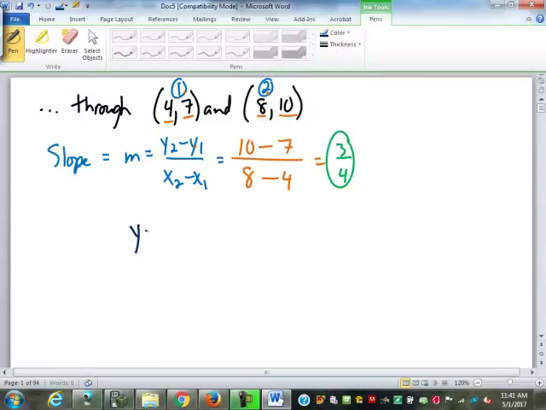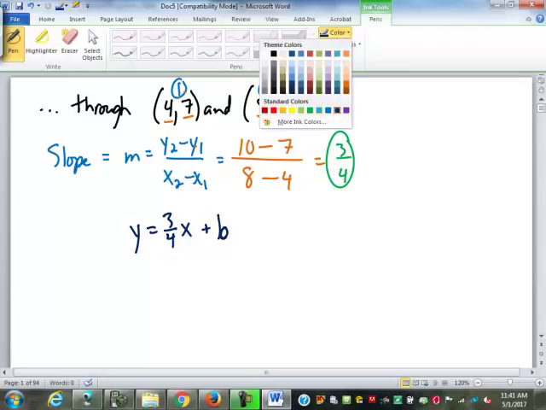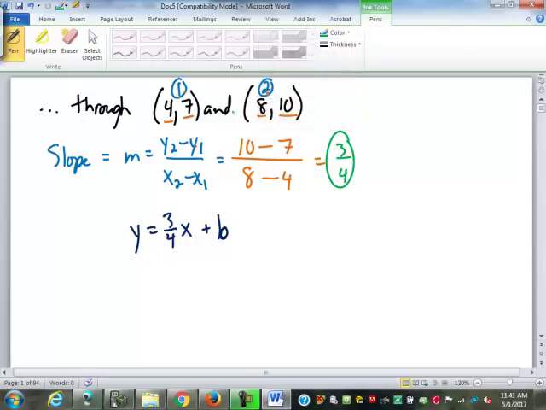So that told us the equation starts out as y equals 3/4 times x. Remember, it's slope times x plus that y-intercept of b. So we have to figure out what b is. And to do that, we picked either one of these 2 points. I'm just going to use the (4, 7). So which number goes in for y? The y coordinate is 7. 3/4 times x would be the 4.